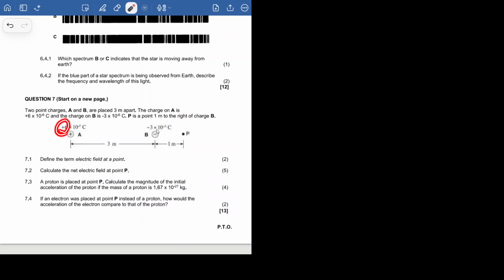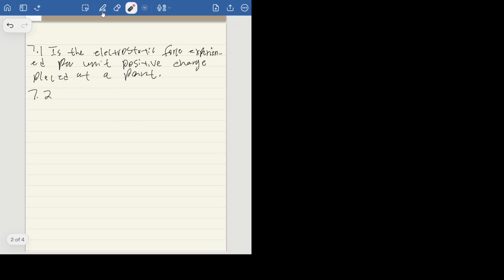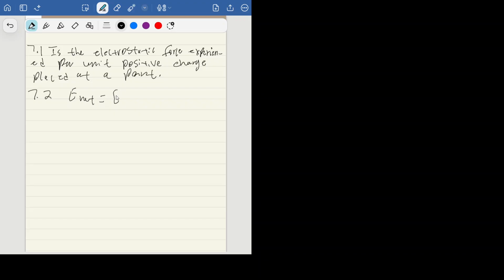But now this is positive, this is negative. Even if you add them, they're going to subtract each other because of the nature of their charges. Okay? So therefore, the net electric field at point P will be calculated as, so E net, let me start like this, is equal to the electric field at point A minus the electric field at point B. Or let me just say plus, because this is the standard formula.